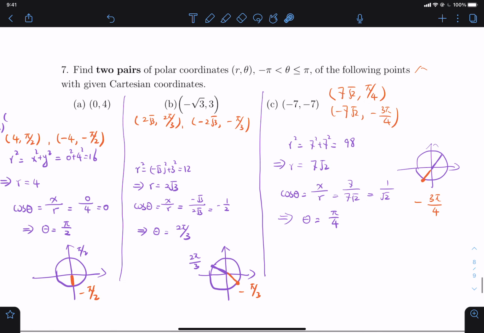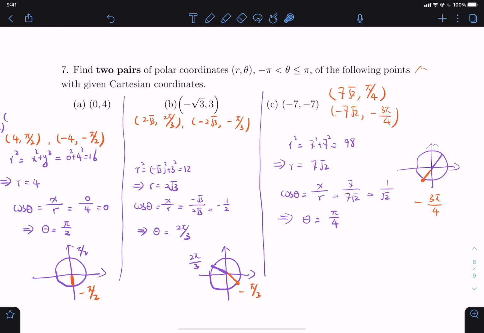Now we move on to the last question, question C. Compute the radius squared, that is 7 squared plus 7 squared, 98. And now you have radius equal to 7 square root of 2.